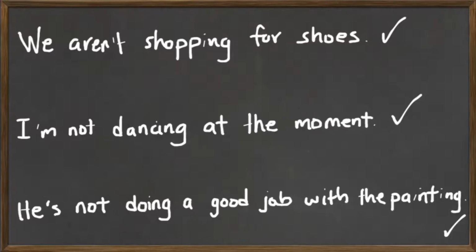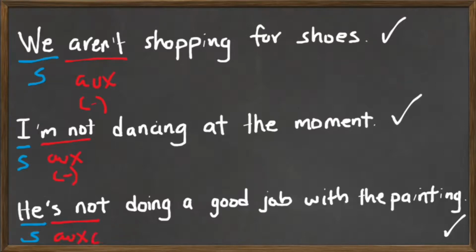Let's see if we have the elements we mentioned before. We have subject: we, I, and he. So yes, they are present. Do we have the verb to be in negative as an auxiliary? Yes, we have aren't, I'm not, and he's not.